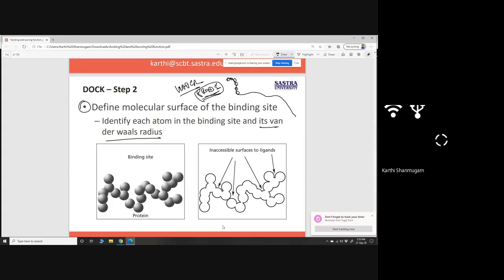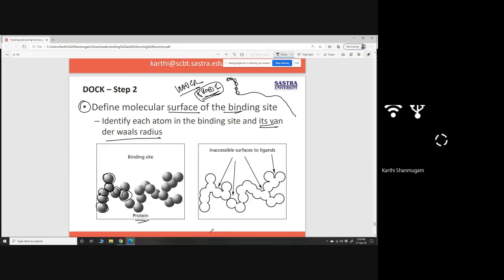Here I have given one example in which each of these gray spheres is the van der Waals radius of that atom. That is how to understand this. So this is the way we can represent the molecular surface of the binding site. Again I repeat, each atom is represented by its van der Waals radius.